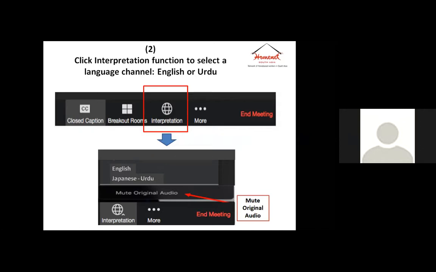For example, if you click on English, you will hear the Urdu language, but with a lower volume. And if you click the Japanese Urdu language, you'll still hear English in the background with a lower volume. So I request all the attendees to please select a language and also click on the mute original audio.